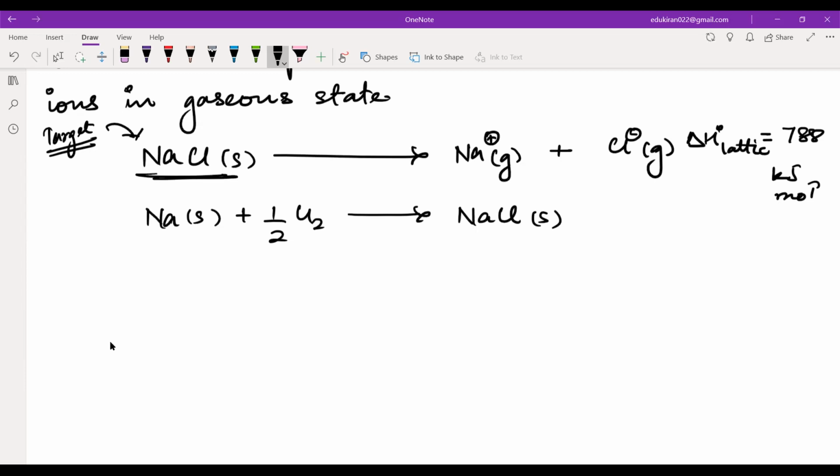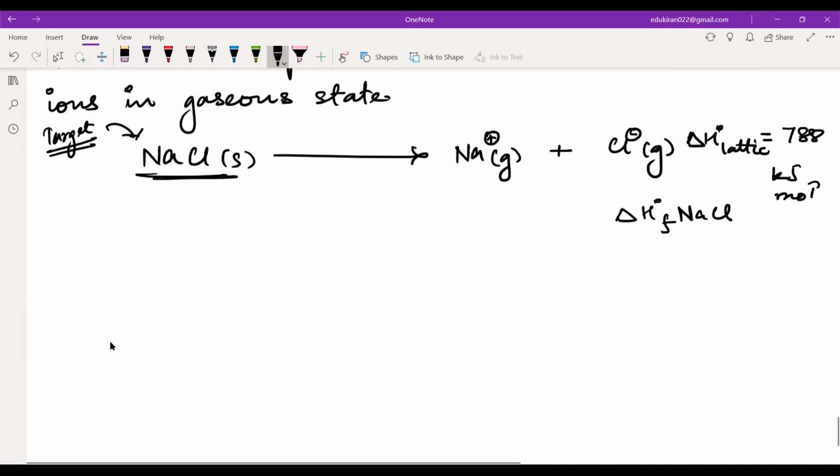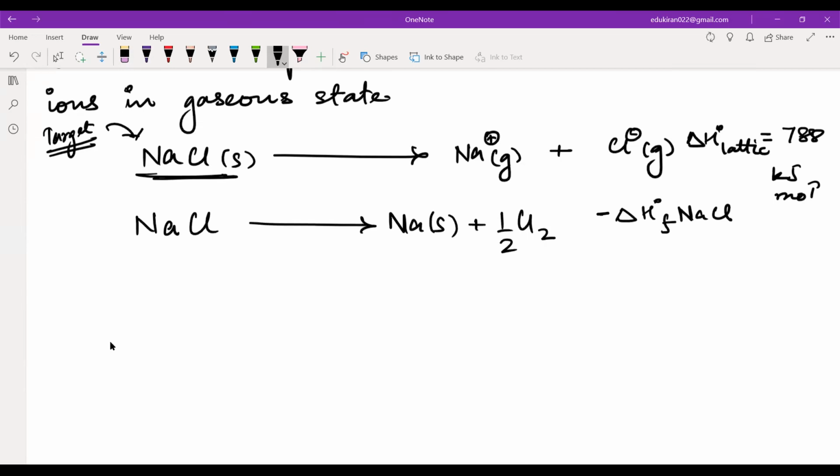So we just need to reverse this. This is the enthalpy of formation, delta H0f of NaCl. So they reversed this reaction: NaCl giving sodium solid plus half Cl2, and this will correspond to the negative of the formation of NaCl.